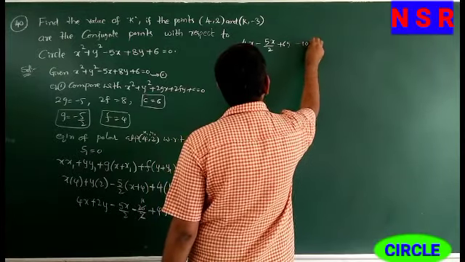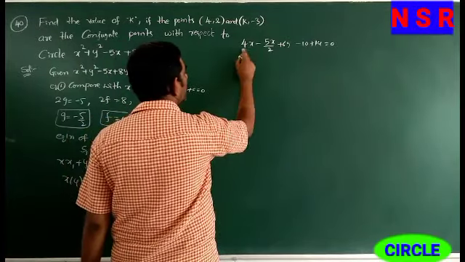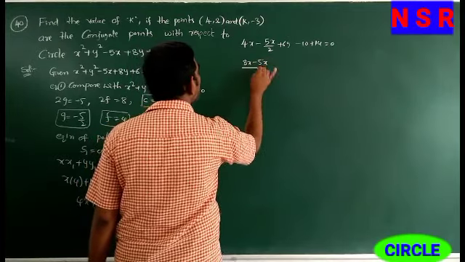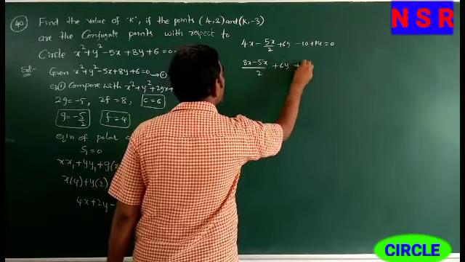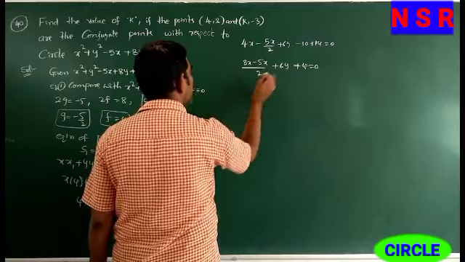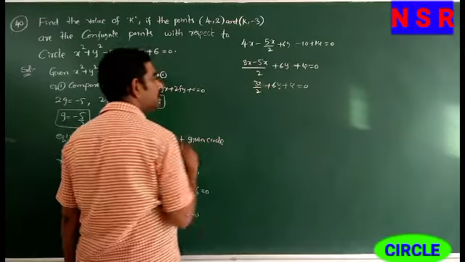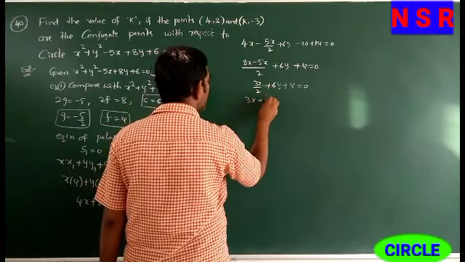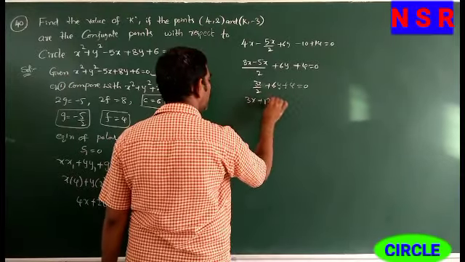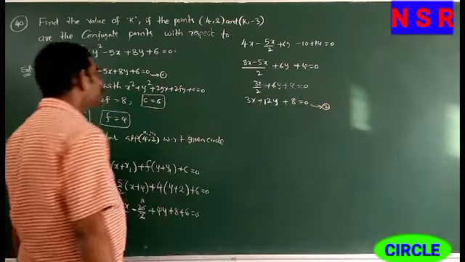So -10 + 14 = 4. So we get 4x - 5x/2 + 6y + 4 = 0. So 3x/2 + 6y + 4 = 0. The LCM is 2, so multiply: 3x + 12y + 8 = 0. Take it as equation number 2.